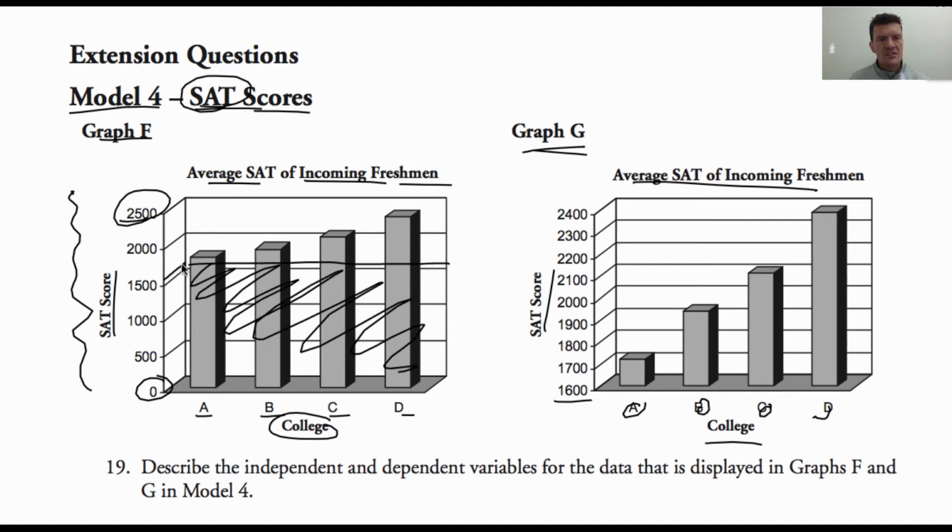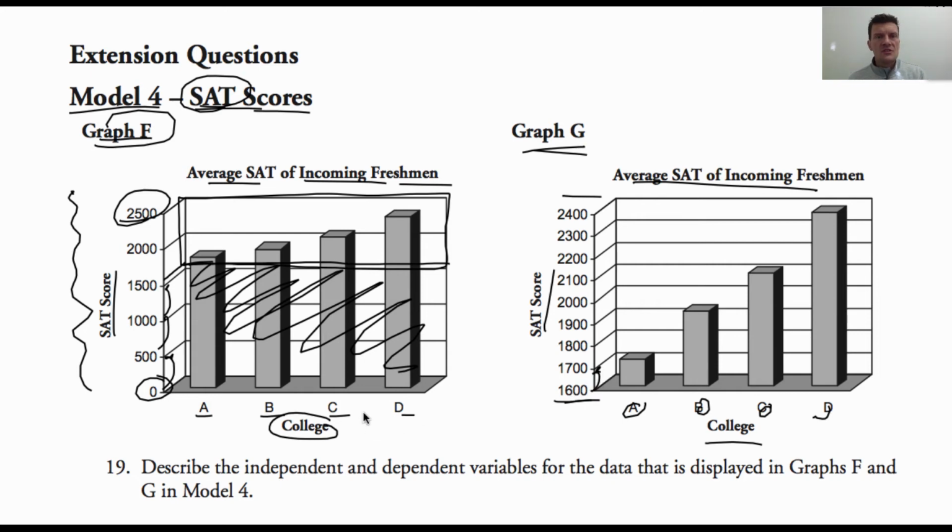And they're showing just this portion of the bar graph. They have extended it to the same height as graph F, going from 1600 up to 2400, 2500, but it has to be stretched out more because the increments are smaller. Here every increment is 500, they're counting by 500s. Here we're counting by 100.